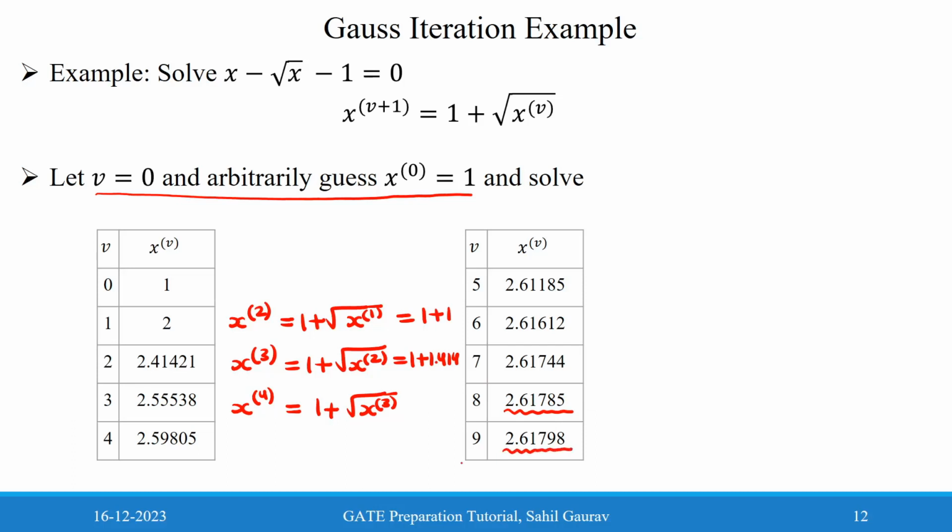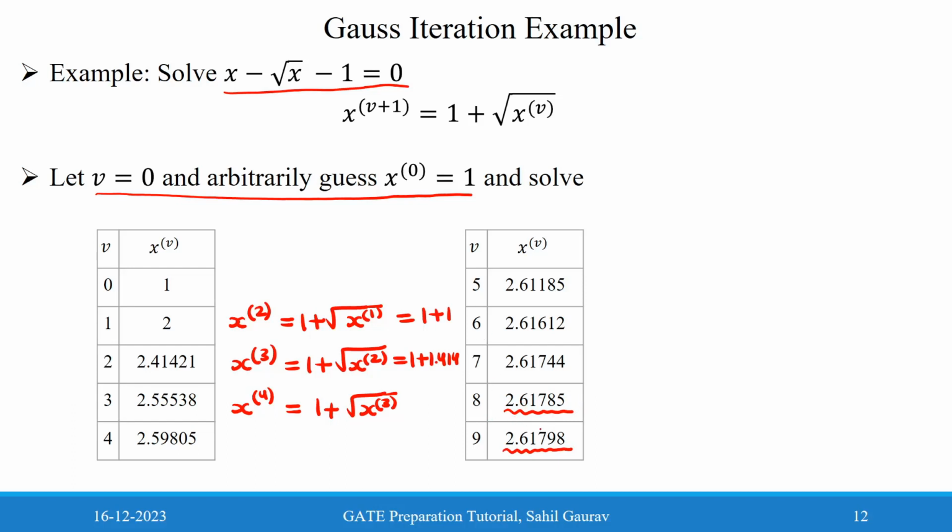So we can say that the approximate solution is x_v equal to 2.61798 for this nonlinear equation, because there is only a little gap between these two values, that is v is equal to 8 and v is equal to 9.